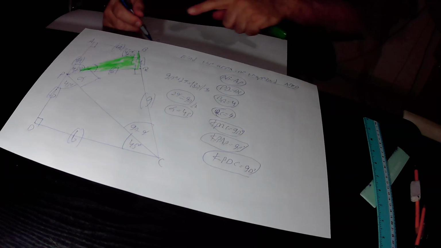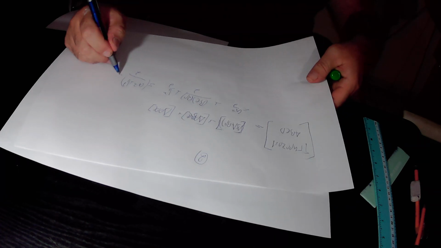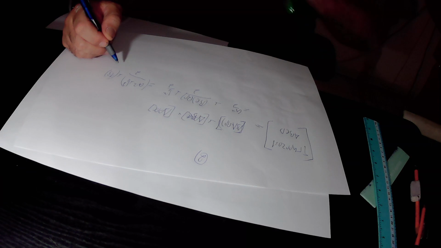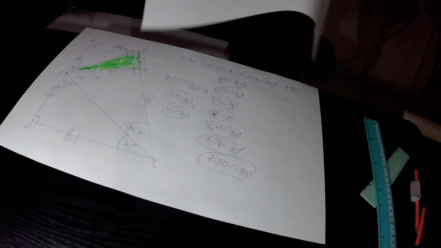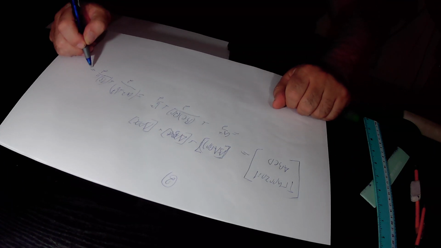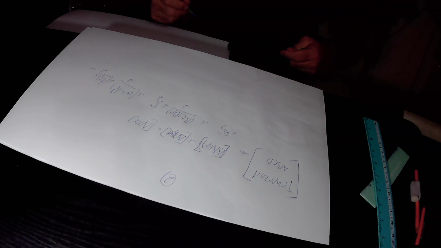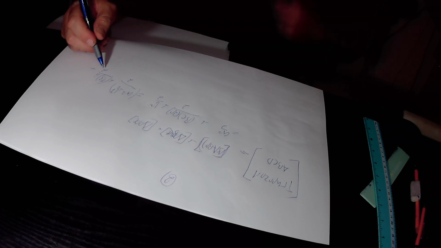BC is 4 plus 9, that is 13, times QP. We already found out that QP equals 6 over 2. So the area of trapezoid ABCD equals A squared plus B squared over 2 plus 13 times 6 over 2. 6 over 2 is 3, and 13 times 3 is 39.